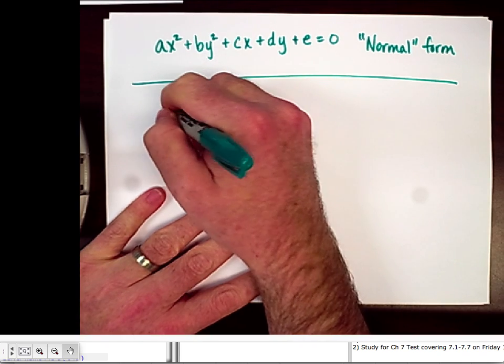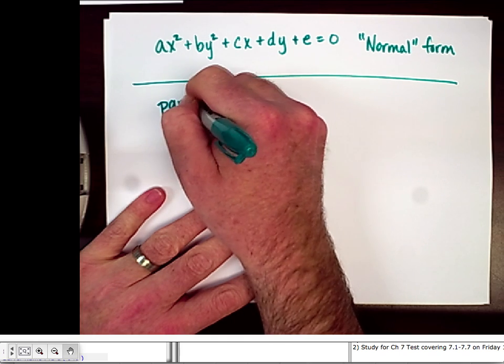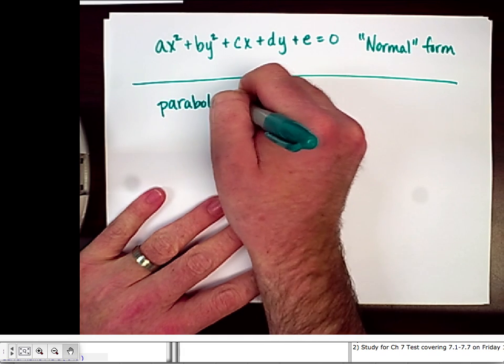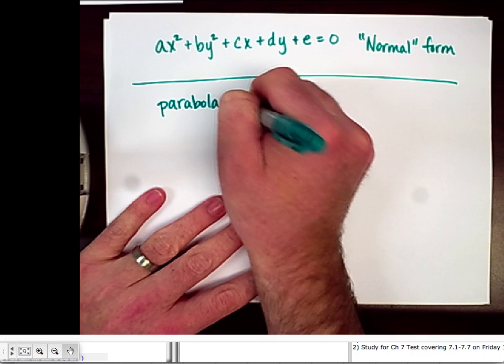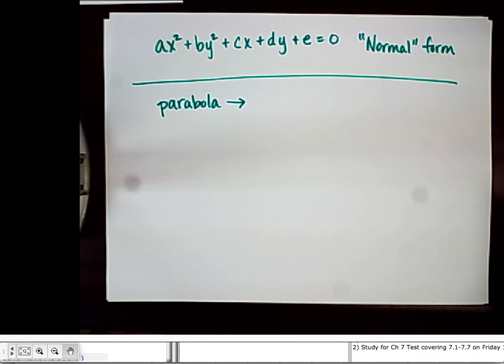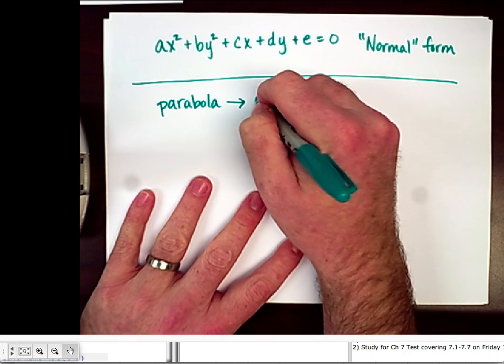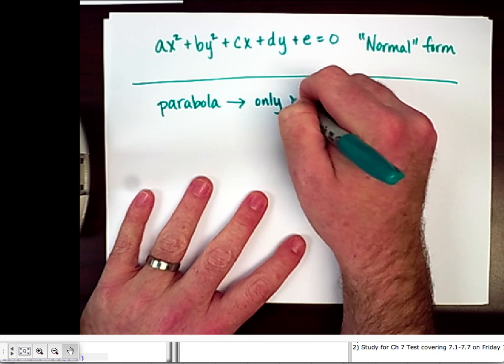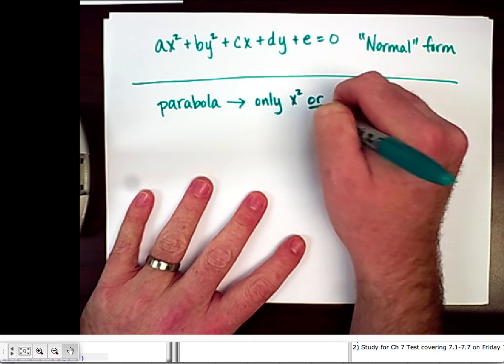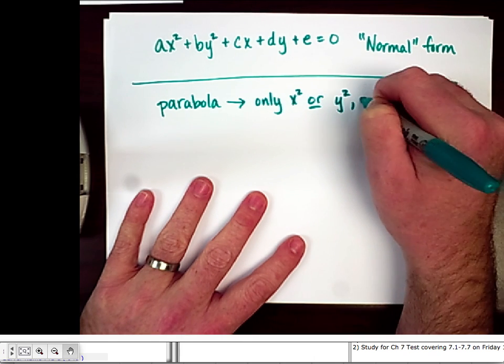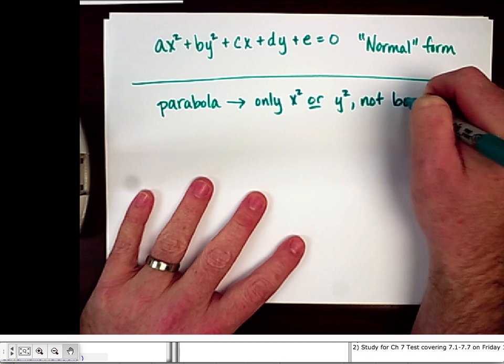It's a parabola. Anybody have a guess? It's a parabola when there's only x squared or y squared, not both.